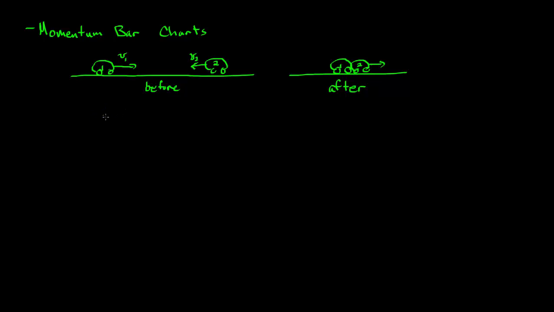Using the momentum principle, these are 2 cars colliding, and then they're going to stick together and move off with velocity in that direction. So we have initial momentum of 1 plus the initial momentum of 2 plus any impulse is equal to the final momentum of 1 plus the final momentum of 2.